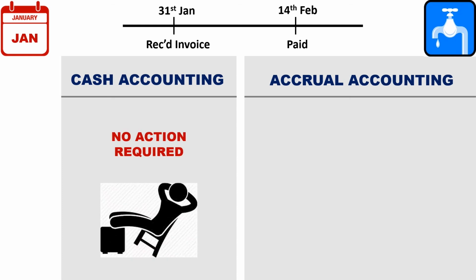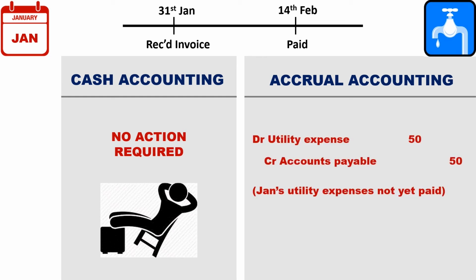On the other hand, under accrual accounting, even though he has yet to pay the bill in January, Bob has to recognize the utility expense when it is incurred. So, in January, he has to record a debit to utility expense and credit to accounts payable as the bill is not yet paid.